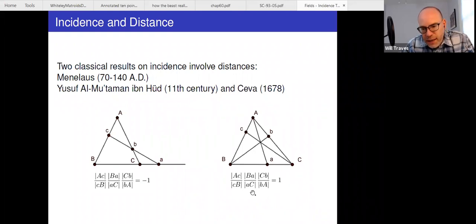But you can see the same product of distance ratios equaling 1 tells you that these lines are coincident, that they intersect in a common point, which seems like special behavior as well. So these distance ratios are going to play a pretty key role for us in incidence results, and we'll have much more to say about this later.